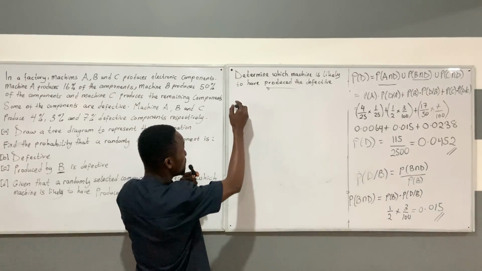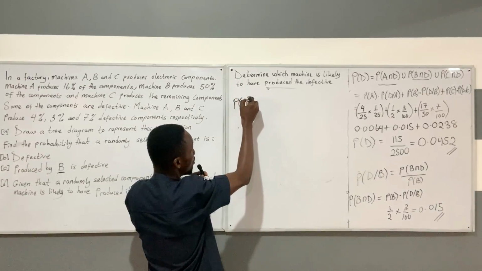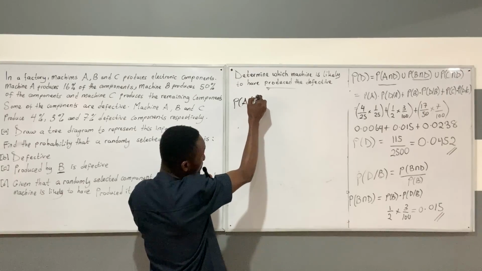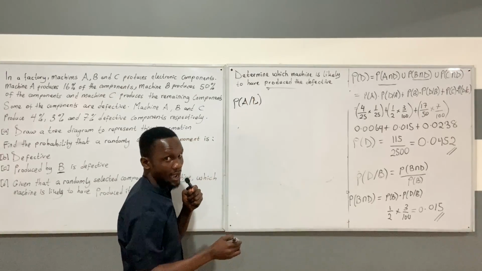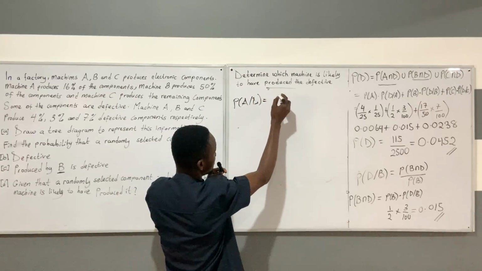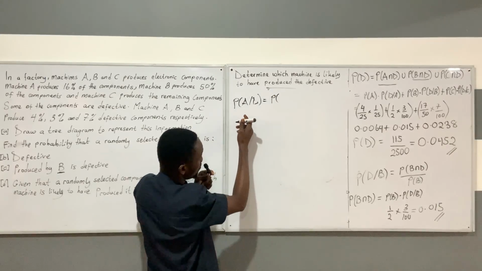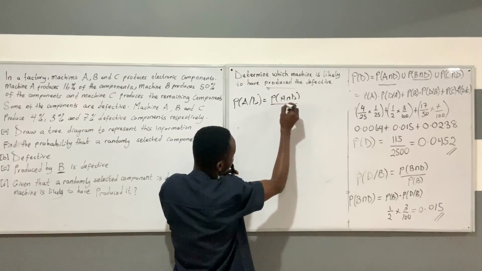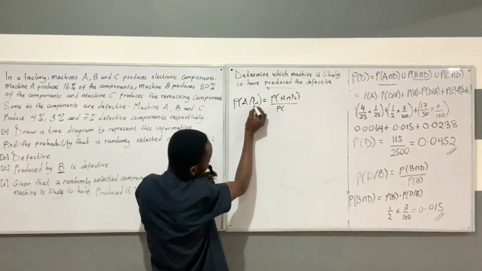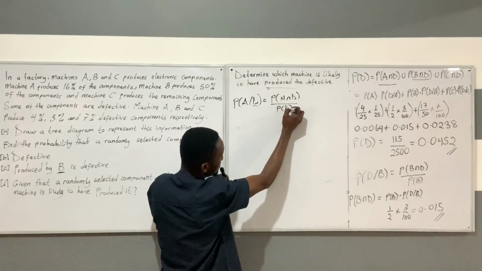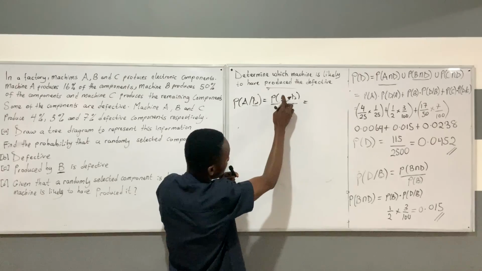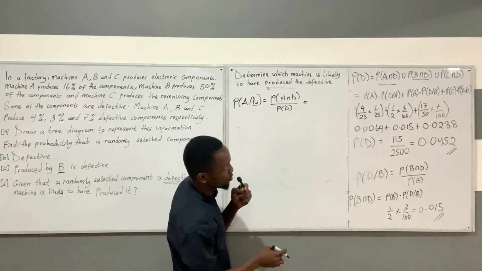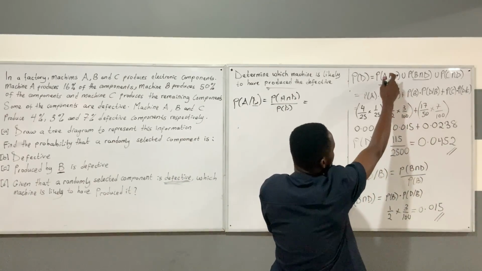So now we are looking for the probability of A given D. You know that we will have A and D occurring together divided by probability of the one we are conditioning on, D, and this is giving us A intersection D. We already have the result. What was the result?